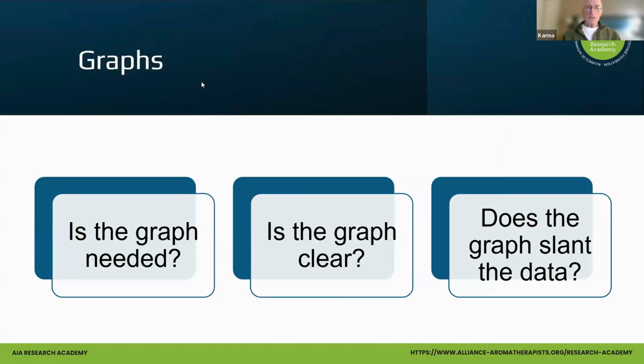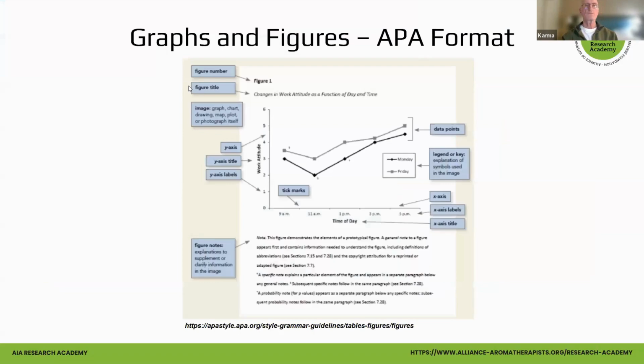Okay, graphs. Is the graph needed? Is it clear? Does the graph slant the data? Okay, this is the APA format. Once again, the figure number, or graph, is in bold. The title explains the graph and is in italics.